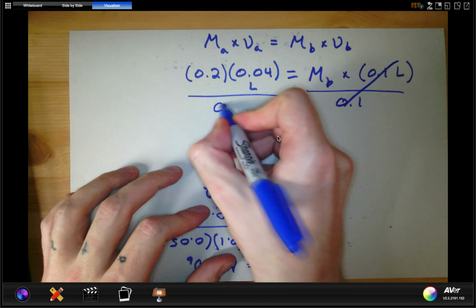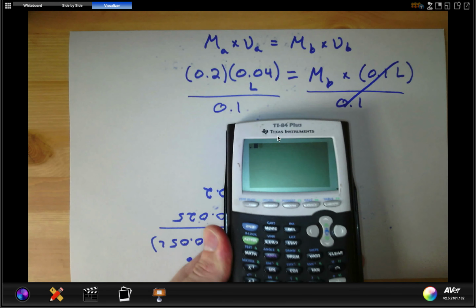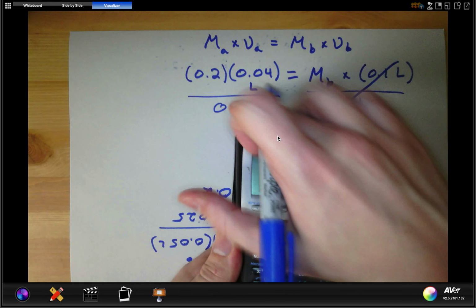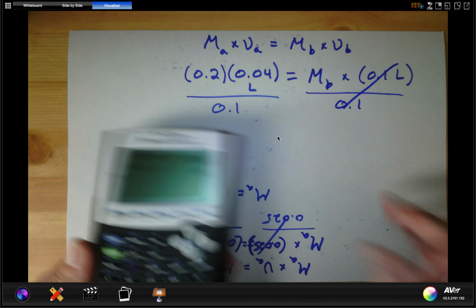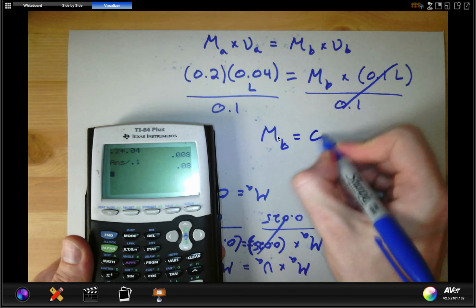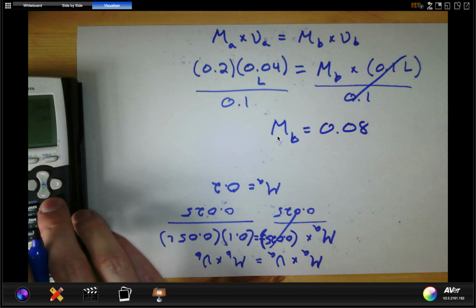Divide this side by 0.1, use our calculator, 0.2 times 0.04 divided by 0.1. So the molarity of the base is 0.08. All right, cool.